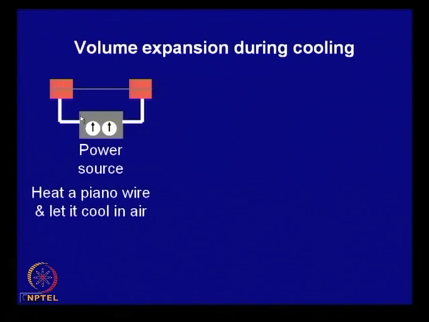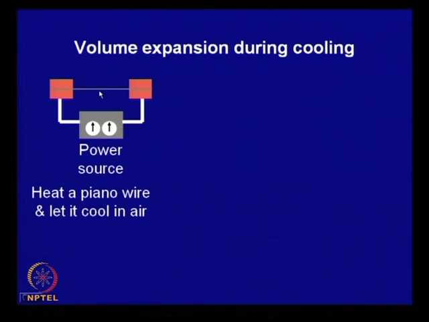It is a low voltage high current source, and you allow the current to pass through the piano wire. This is bulky and you may water cool this also, so that contact resistance is low. If you apply a high current, the wire will get heated very fast.